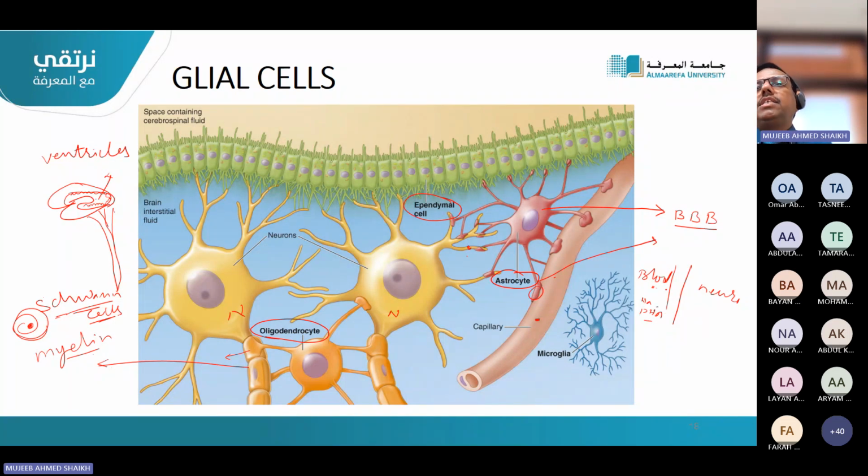If it is mixed with the neuron, then neuron function will be disturbed. Anything we are eating, we are not reading the label to see which chemical is present. We are eating as it is.